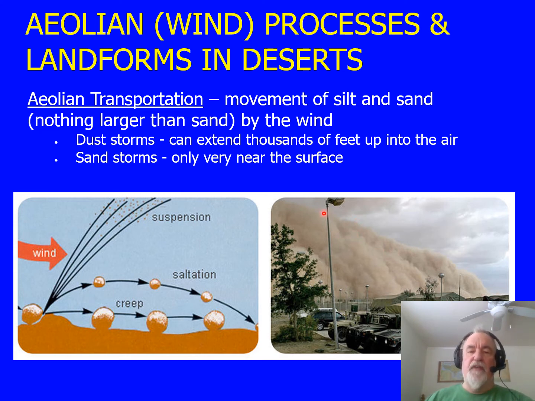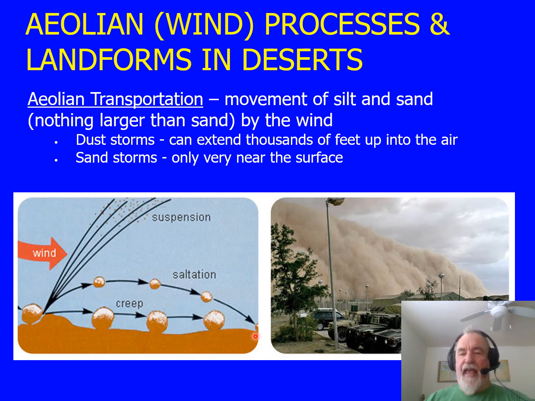So we call this a dust storm rather than a sandstorm. So in sandstorms, the sand can only travel near the surface. The finer particles, silt, clay, even finer pieces in clay, we refer to collectively as dust, so that would be a dust storm.